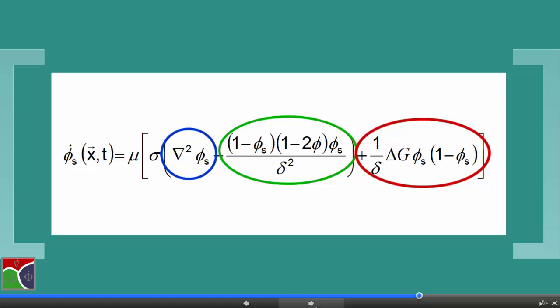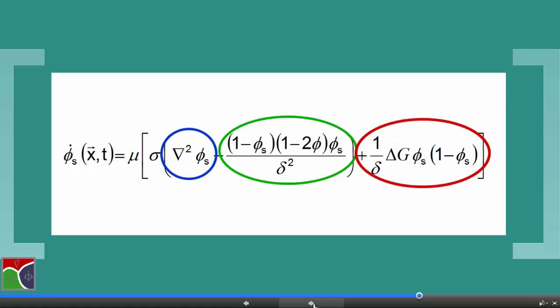This interface will not move unless there is the third term, which involves a parameter, a factor called delta G. The delta G already implies that it is a difference, and this is the difference in the bulk free energies between the two phases. If the difference is zero, we will stay with a stationary interface.